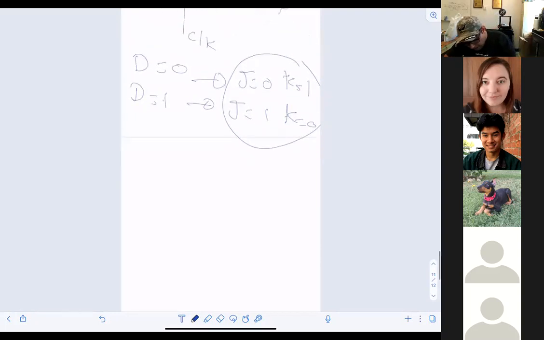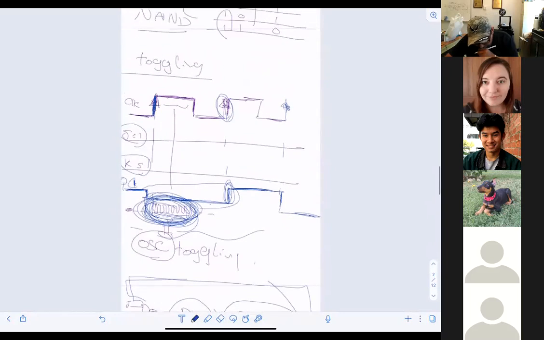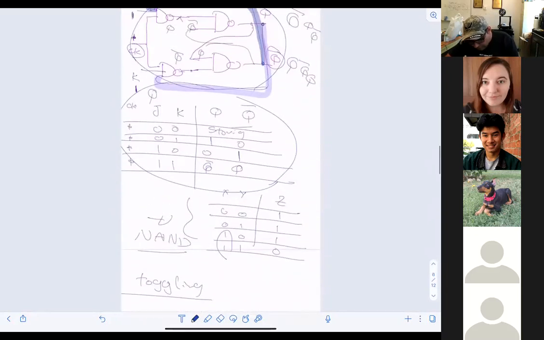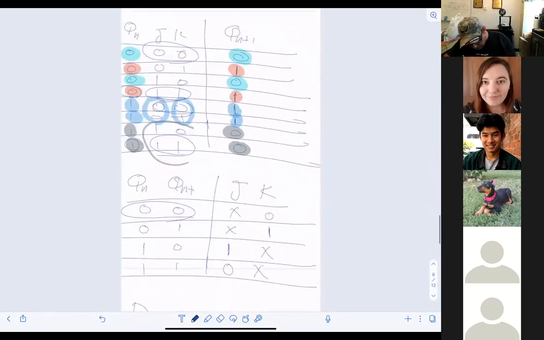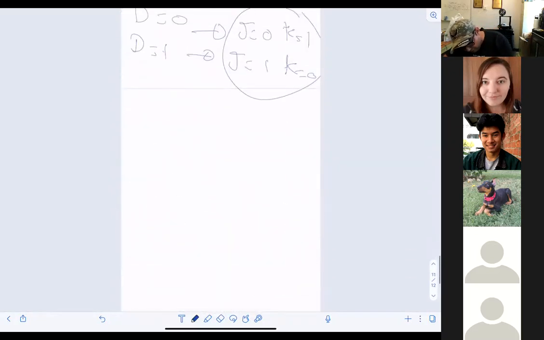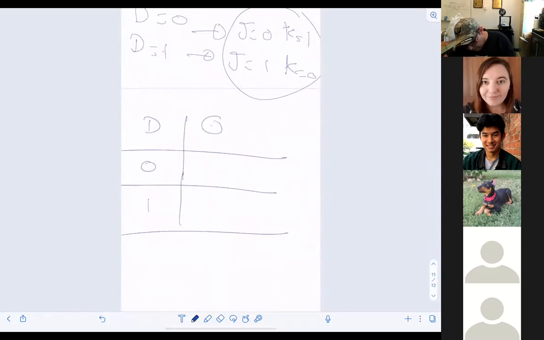So if I look at my table here, which is a JK and Q, I can make the D flip-flop. So I can just go ahead and make here the D flip-flop. And from the D flip-flop, 0, 1. And then I have here the QN. This is basically the truth table. So 0, 1, 0, 1, right?